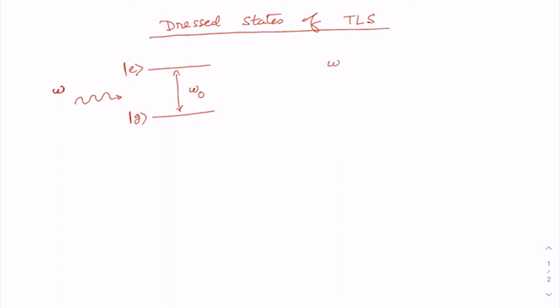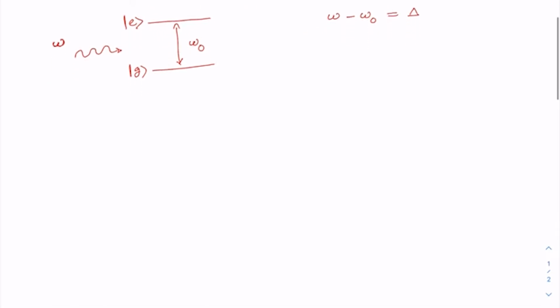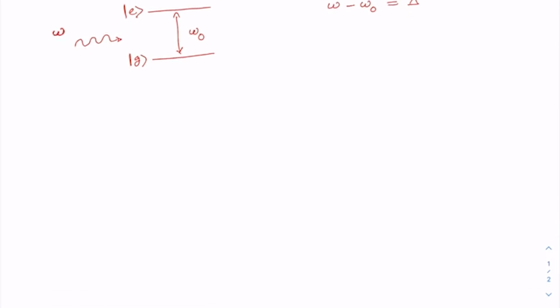This laser radiation may differ from the transition frequency of the atom by some amount, which is defined as the detuning.